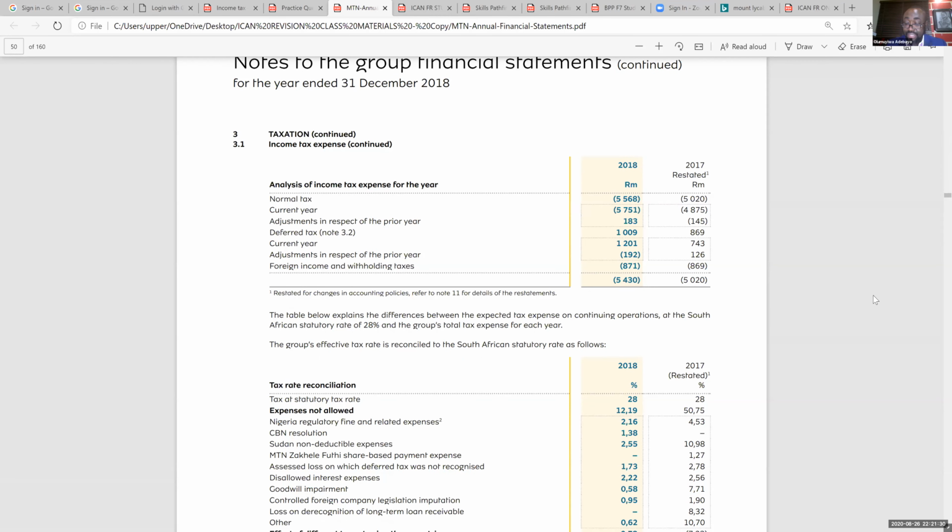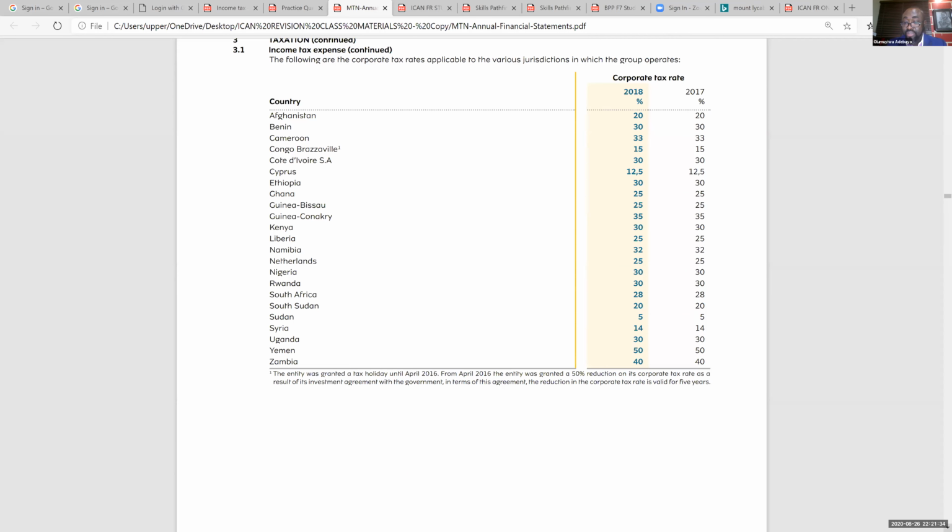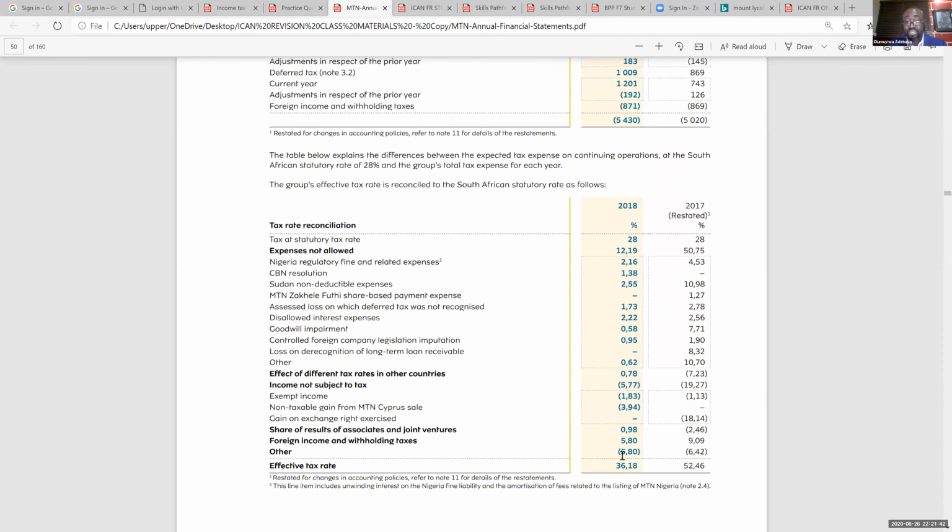Okay, in that case, what we have is we reconcile the corporate tax rates, which they call the statutory rates, which is 28%. We reconcile it with the effective tax rate, which is 36.18%. And the justification for it is all these items that result in the temporary difference, both temporary and permanent difference.